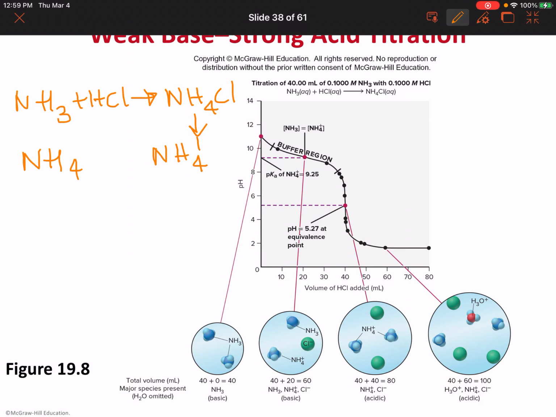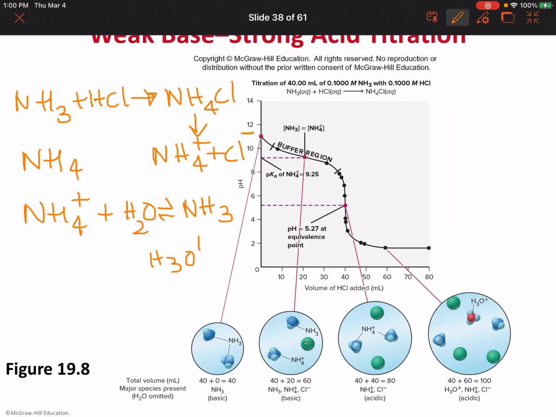It's going to break into ammonium ions and chloride ions, and then the ammonium ions are going to react with water, giving you ammonia NH3 and H3O plus hydronium ions.